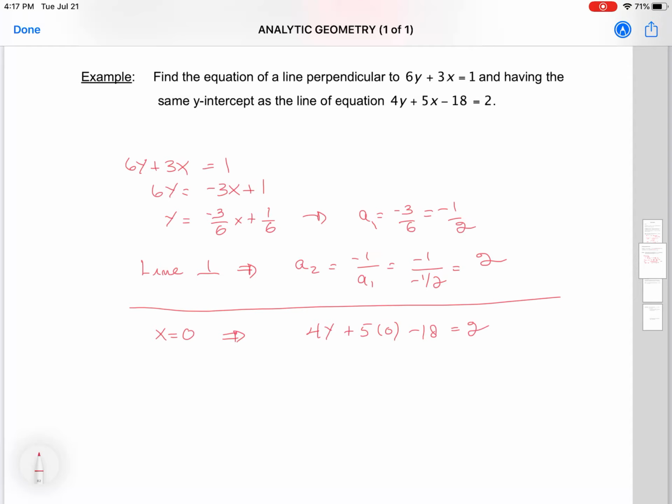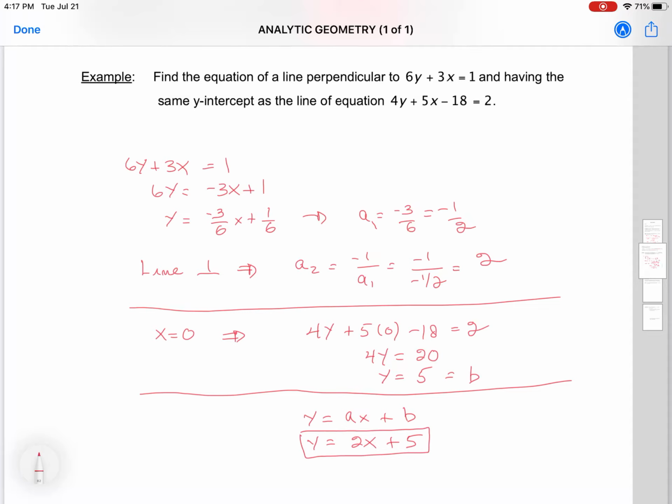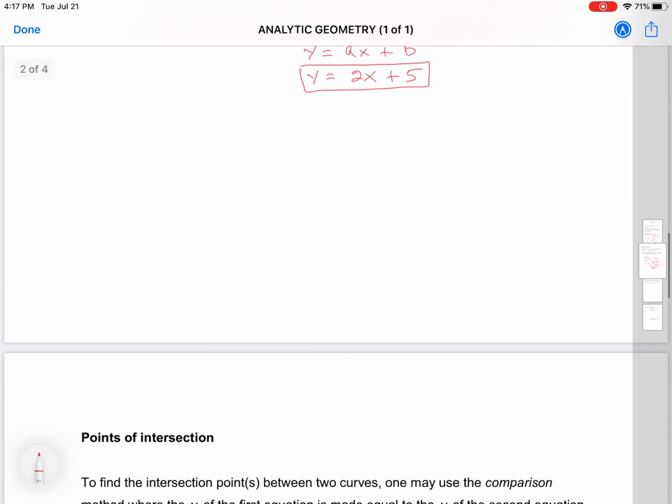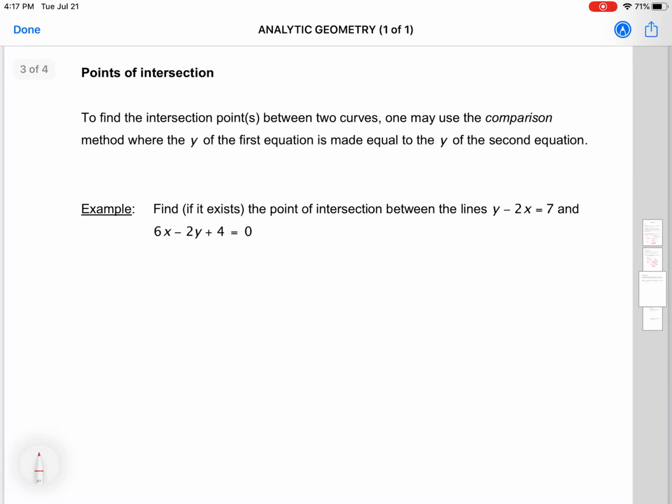Then I get 4y plus 5 times 0 minus 18 is equal to 2. That is to say, 4y is 20, so y is 5. That is the y-intercept, my value of b for the line. So we're done: y is equal to ax plus b becomes y is equal to 2x plus 5. That's it. C'est tout.